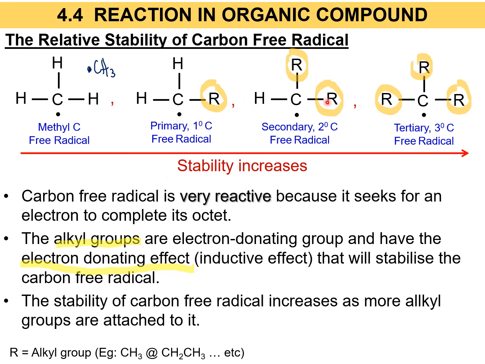Kalau let's say ada banyak alkyl groups yang keliling the carbon free radical, lagilah dia rasa happy sebab dia rasa lebih-lebih daripada cukup. Okay, sebab kenapa? Sebab alkyl groups dia ada electron donating effect. Okay, makanya dia akan stabilize the carbon free radical. Lagi banyak alkyl groups yang attach pada the carbon free radical, lagilah dia stable.